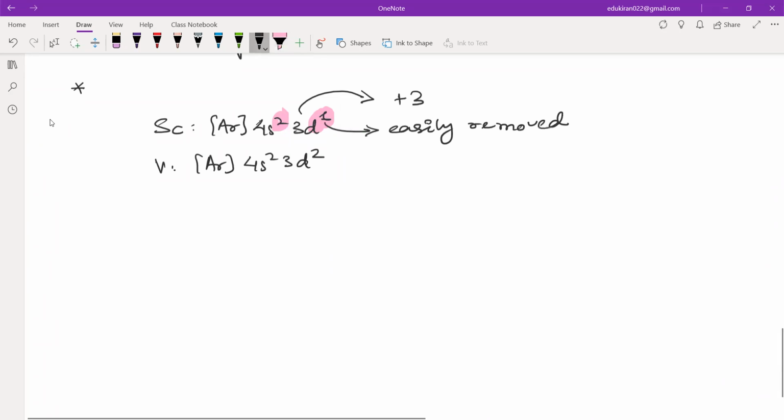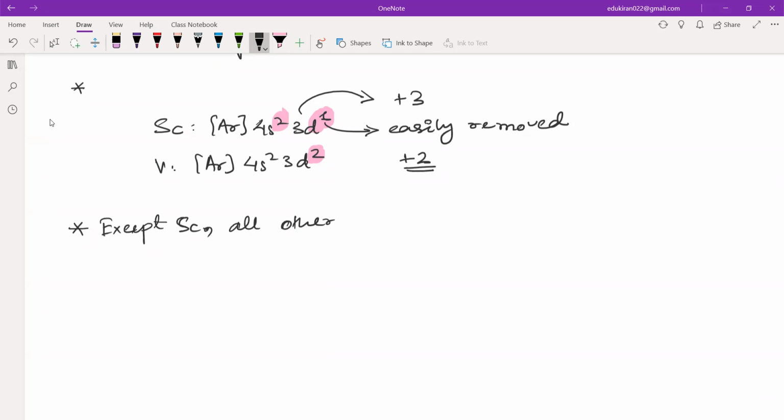But when I look at vanadium, it starts with +2. It has the +2 oxidation state. It means that there is a bit of stability in these d2 electrons. So what can we conclude from here? We can conclude that except scandium, all other elements of 3d series show +2 oxidation state.